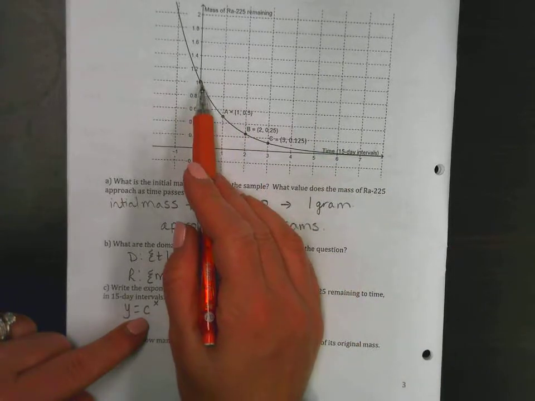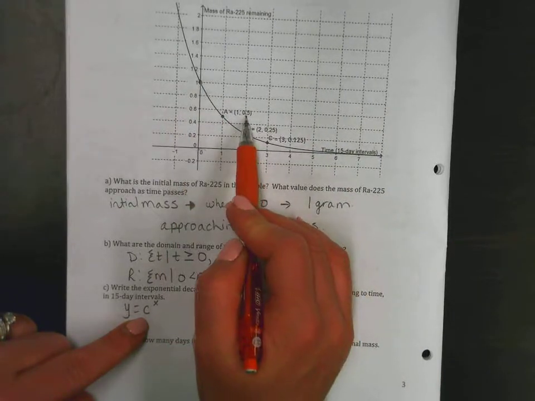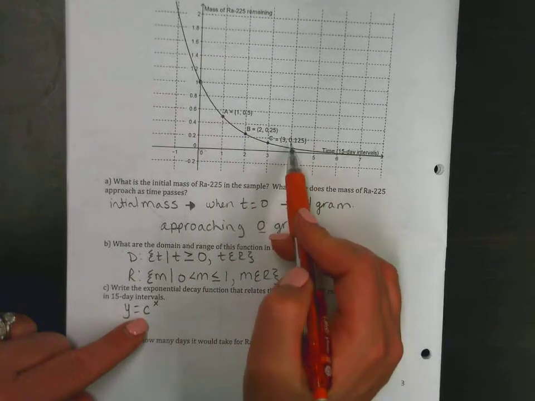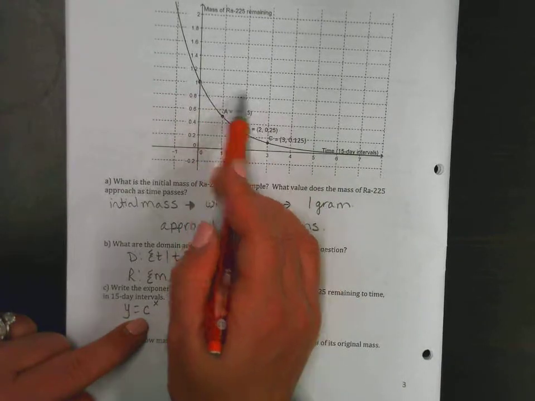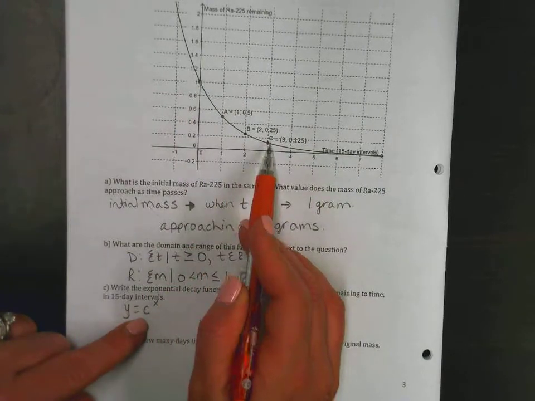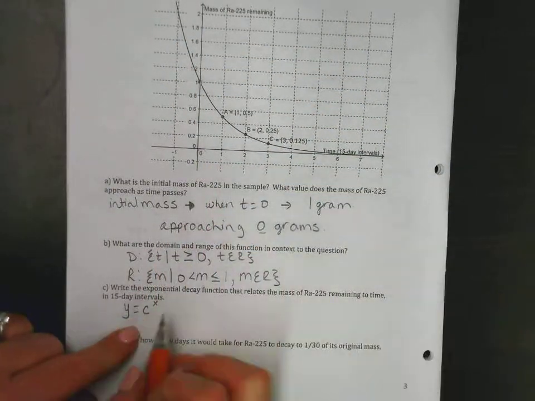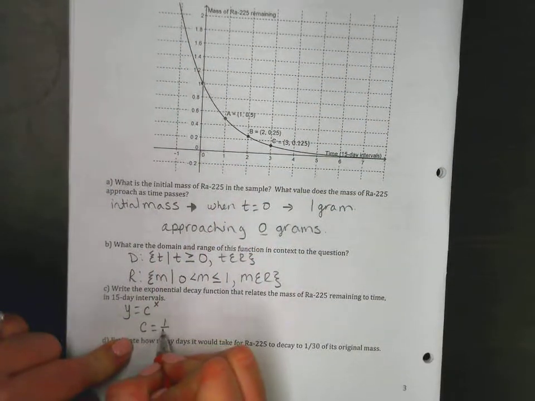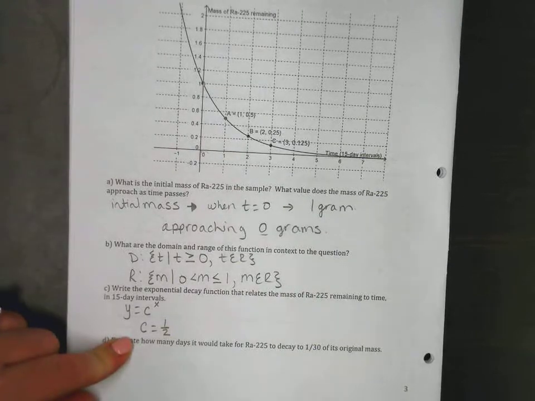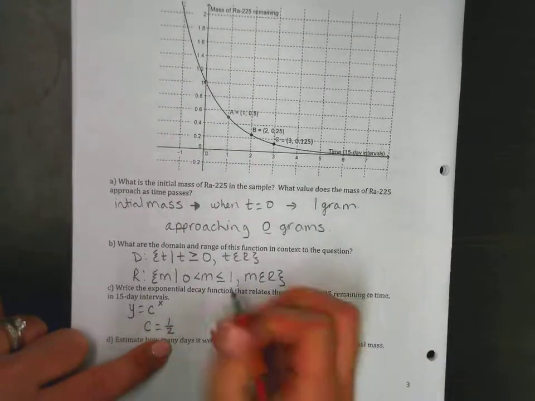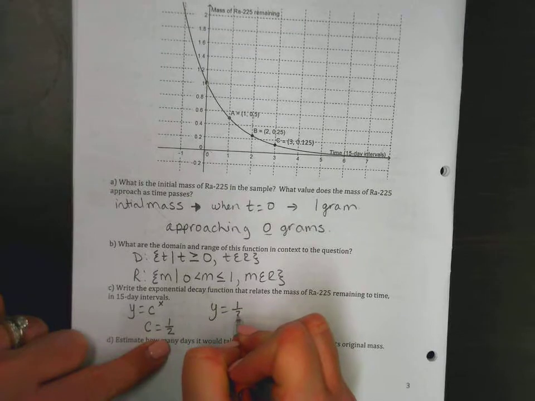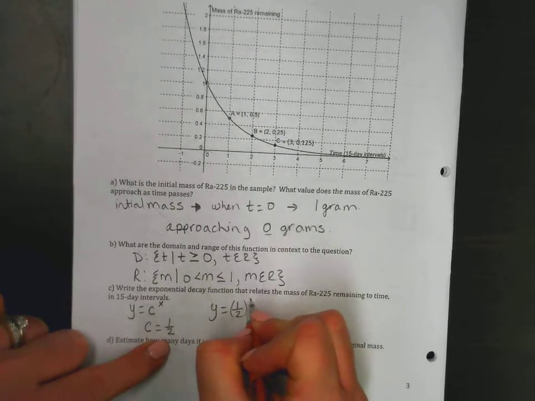It's going from 1 to 0.5 to 0.25 to 0.125. So the mass is being halved for each time interval. That tells me my c value has to be 1/2. So my equation would be y equals 1/2 to the power of x.